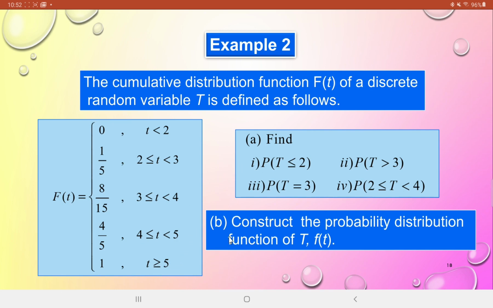A. Find probability T less than or equal to 2, probability T more than 3, probability T equal 3, and probability T more than or equal to 2 and less than 4. B. Construct the probability distribution function of T, f(t).